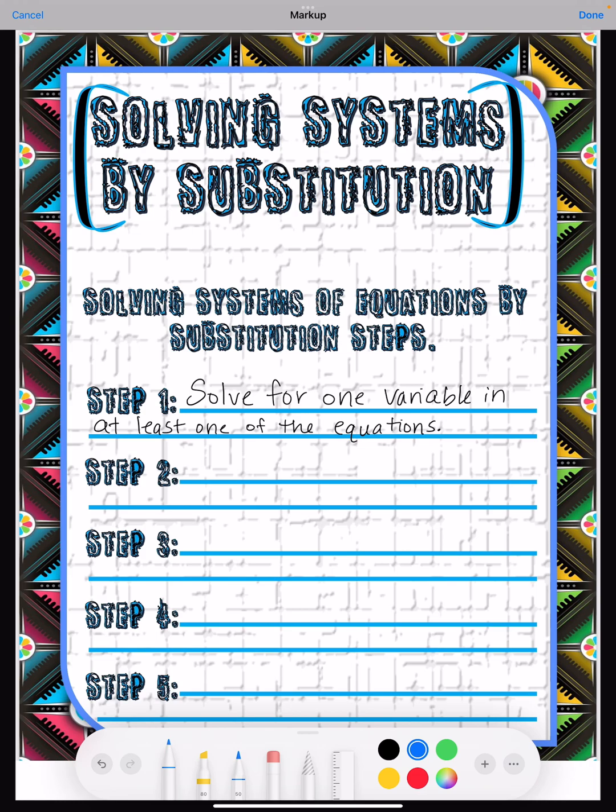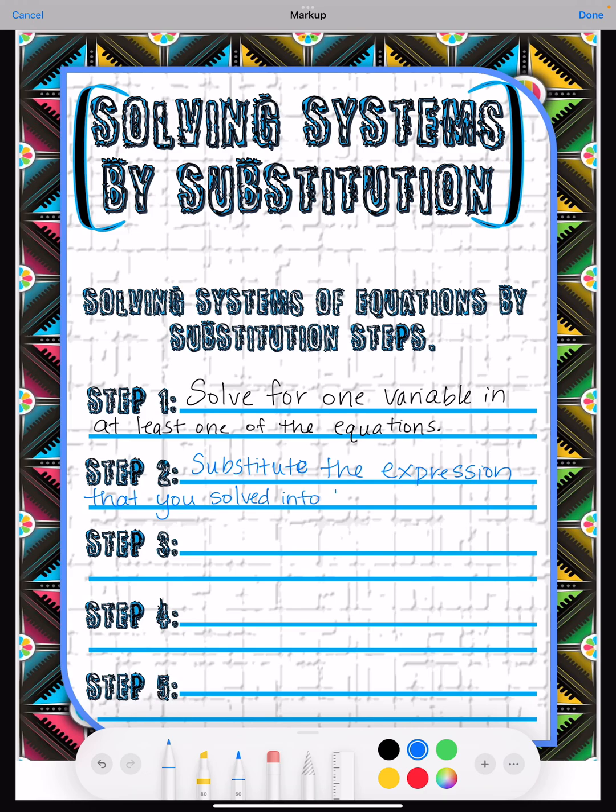And then our second step is with that information, we're going to substitute the expression that we solved for in step 1 into the other equation.